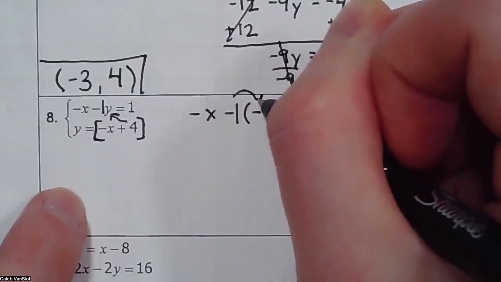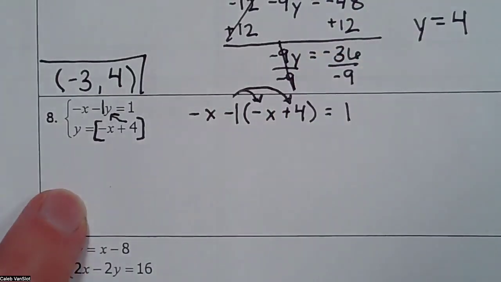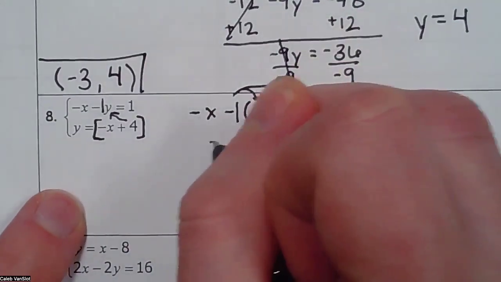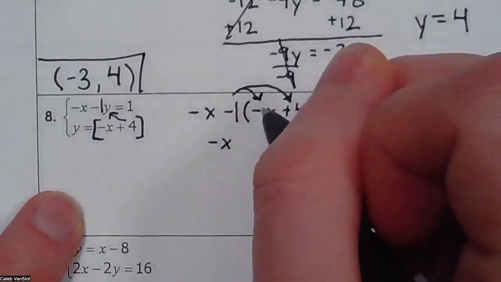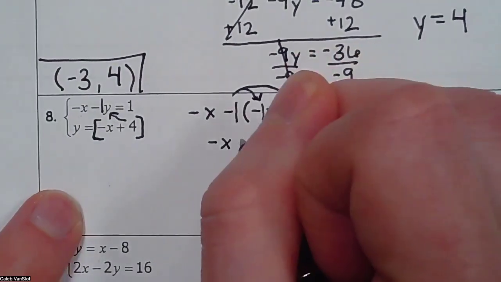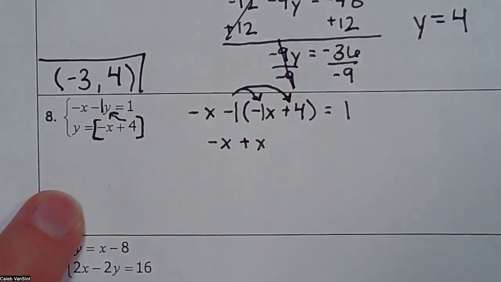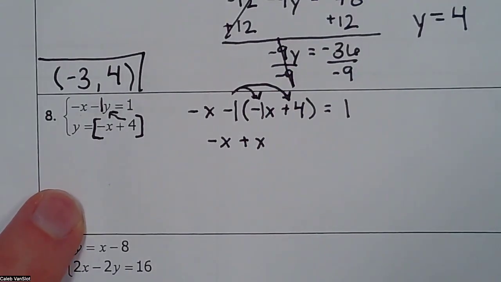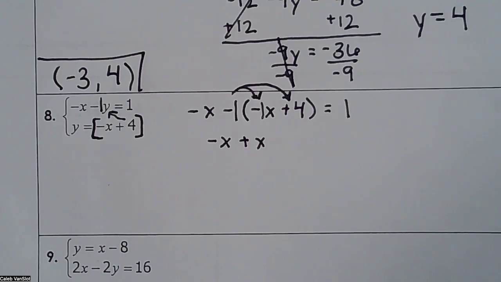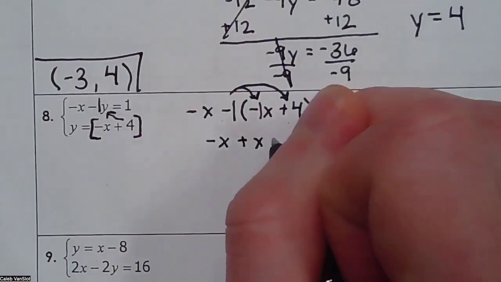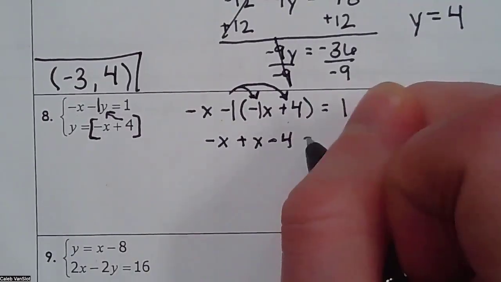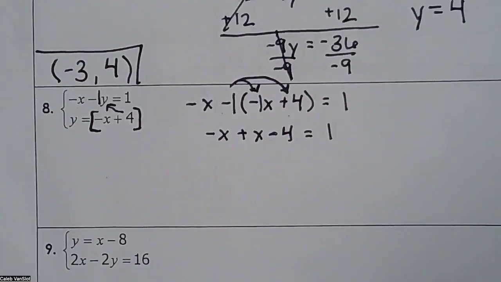We have to make sure we distribute it to both of our terms. So we've got negative x. What's negative 1 times negative 1? Positive 1x, right? I just want to make sure that we see that we need to multiply everything. Not that I know you guys know. Negative 1 times positive 4 gives us negative 4. And we've got positive 1.